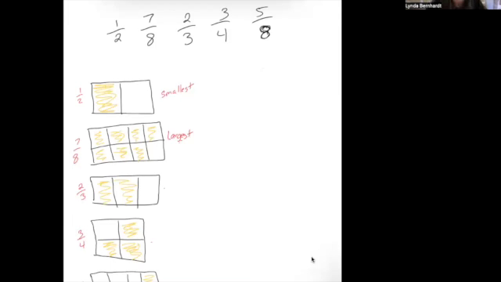We've got 8 and 8 is 16, and then another 8 is 24. Let's think that through. 24 is a multiple of 3, it's a multiple of 2, it's a multiple of 8. Does 4 go into 24? Yes, it does. So now we can convert. Our denominator is going to be 24.